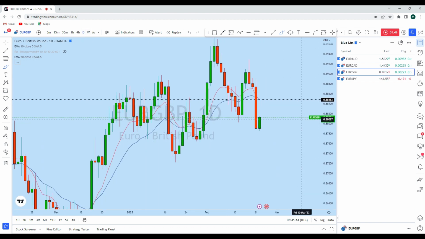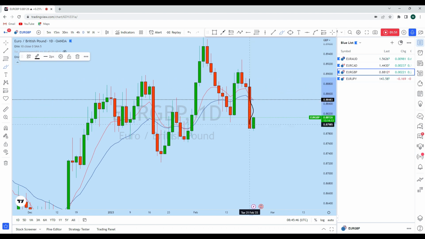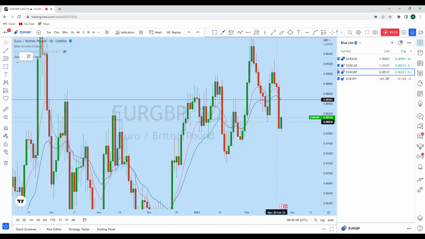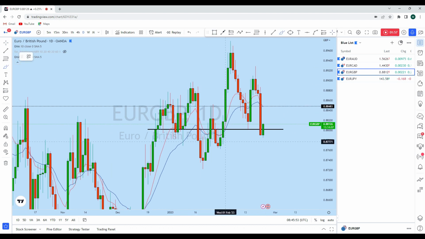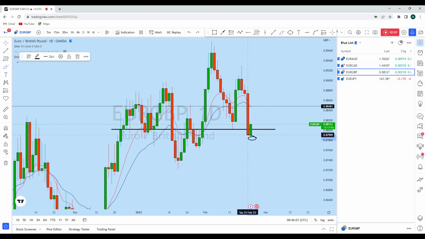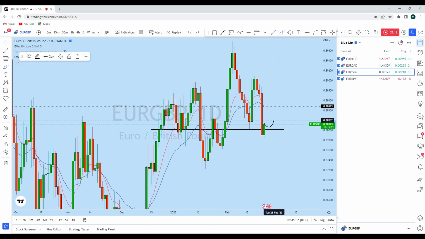On the daily perspective, there is a strong drop that has broken this local level of support. There was an impulse, then a correction, then another impulse, and the price broke this local support zone. Now the price is again rejecting to the upside, which means we could potentially see a continuation of the long-term uptrend.